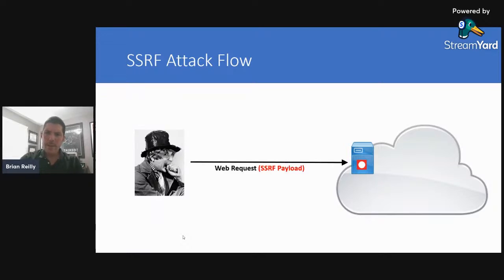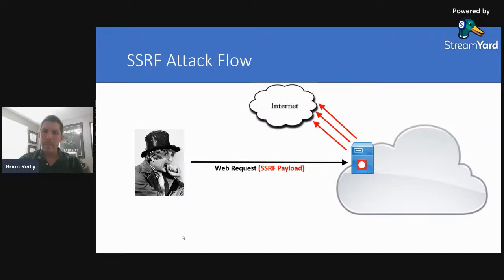So the attacker is going to send their request. They're going to send their attack with a server-side request payload. And let's say this is like the last example where that payload is just going to be a straight URL. So what could they do with this? Well, right off the bat, the attacker could say, you know what? I'm going to connect to random hosts on the internet.